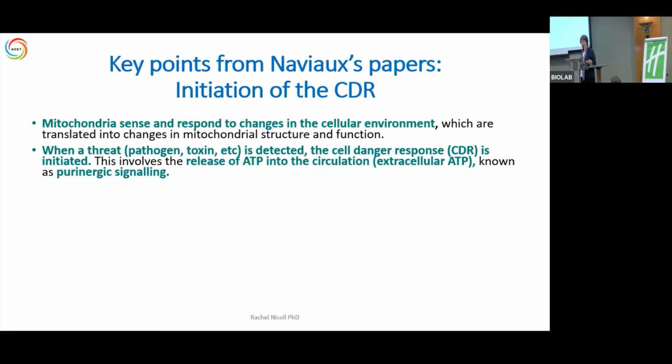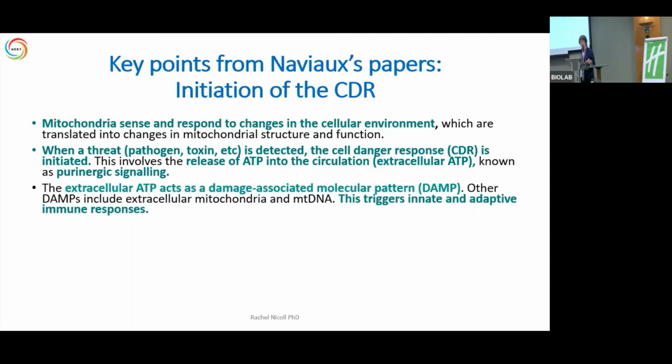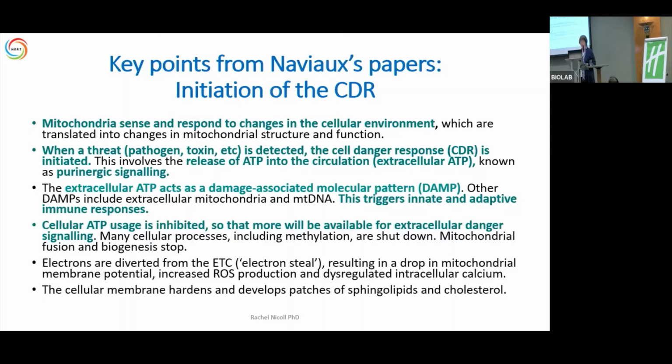This acts as a damage-associated molecular pattern and triggers innate and adaptive immune responses. Cellular ATP usage is, of course, inhibited because a lot of the ATP is now outside the cell. So the normal functions of the cell are not happening, or not happening so much.